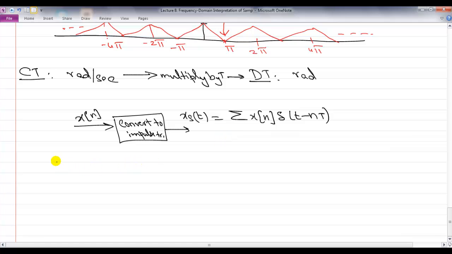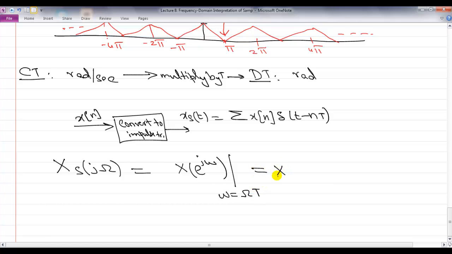The relationship, if you want to find out what is the Fourier transform of xs(j omega), that is simply equal to the Fourier transform of x(e^j omega), with now scaling happening in the other way, little omega replaced by capital omega T, which is simply x(e^(j capital omega T)).